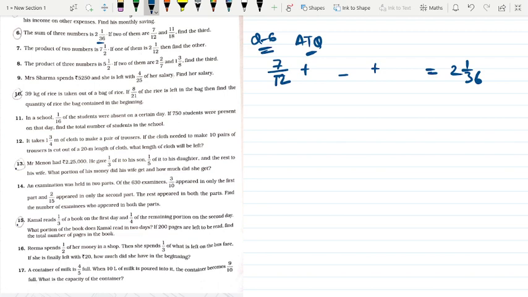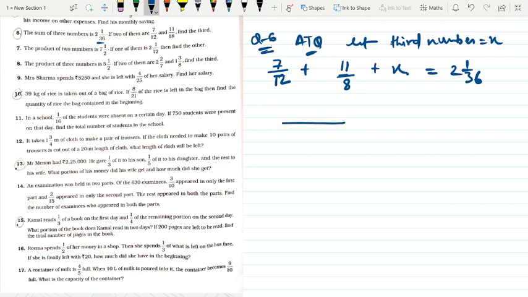Now two of them are given: the first one is 7/12, and the second one is 11/18, and we need to find the third one. So let's suppose the third number equals x. Just write down x here. When we solve this, we need to take the LCM.